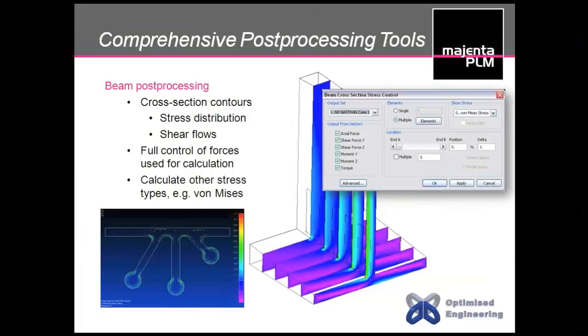Earlier we just discussed briefly the beam modeling capabilities of Femap. When it comes to actually looking at results from beam models, you can see here a very complex beam section. This is a section through a beam, and the stresses can actually be mapped onto the beam sections, even though only a 1D element has been used.